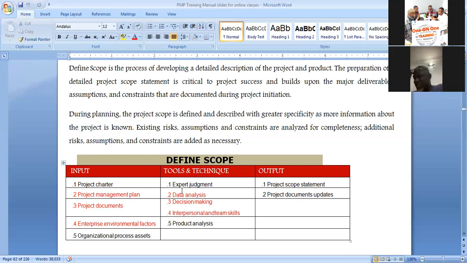Wait. Let me write that in again. MEAT. Yes. Most economical. Advantageous tender.